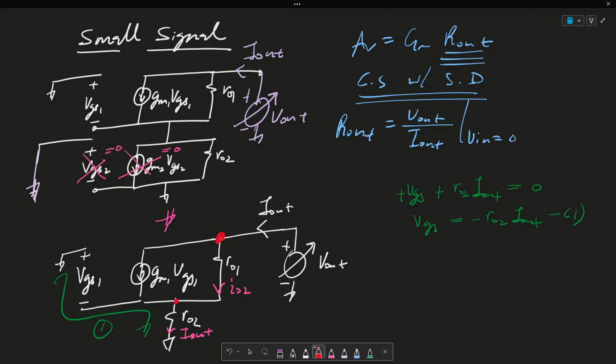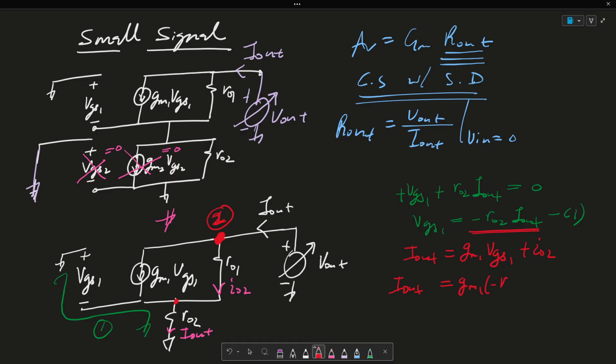So let me write a KCL at this node. Let me call this node 2. So I can say then that I out is simply equal to GM1 VGS1 plus IO2. Then this becomes I out equals GM1, and I'm going to substitute this for VGS1.